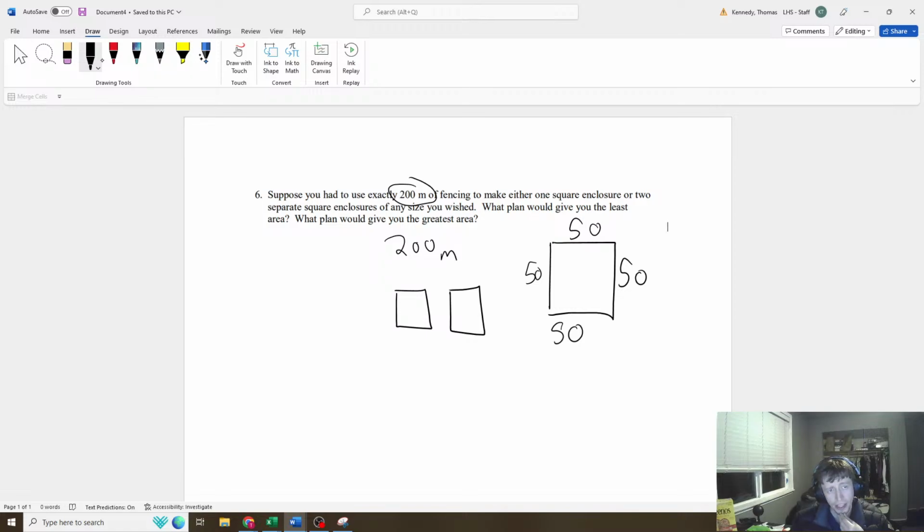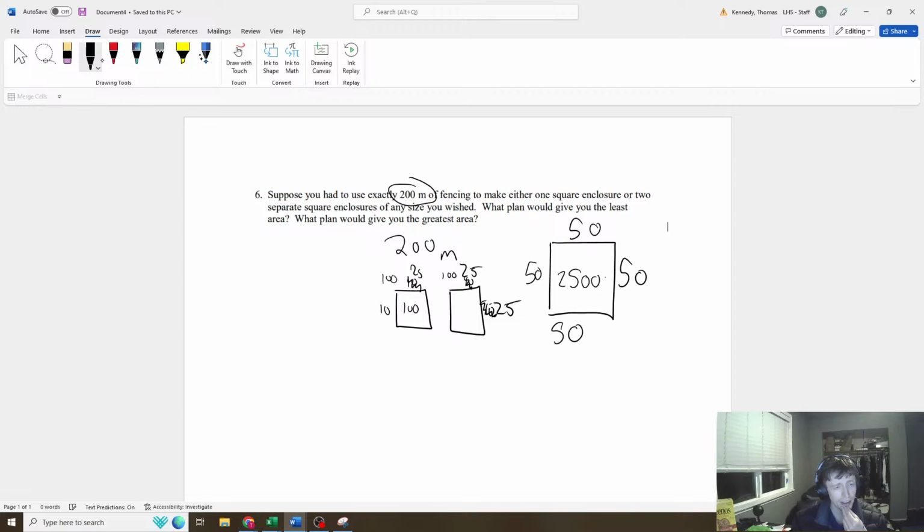So we know what the area of this one is. This one's 2,500. And if we put it into the 2 little ones, well, each of these would have to have a perimeter of 100. So that would be 10 by 10, wait, not 10 by 10, 25 by 25.